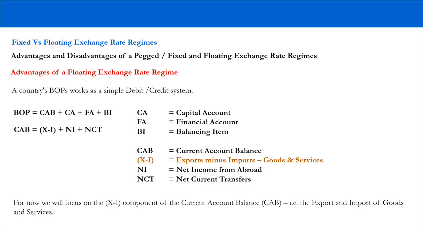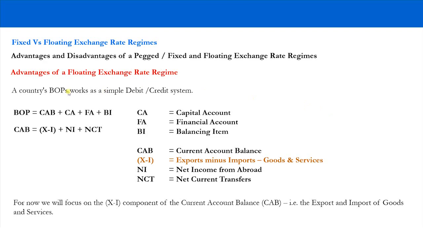And really it works as a simple debit and credit system. And this is how a country's balance of payments is made up. And we call it a balance of payments because, given what we just looked at, the payments are actually supposed to balance. And we're going to look at this in our systematic process in a lot more detail.